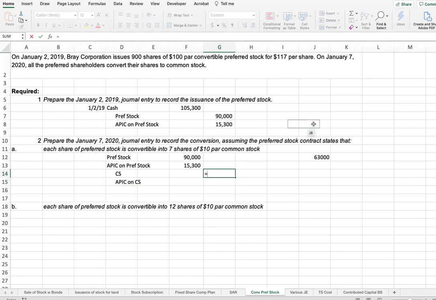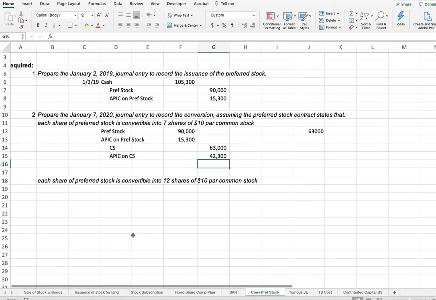And so we already calculated 63,000 for that common stock, and now we can say the 105,300 minus 63,000 gives us 42,300 as our additional paid in capital on common stock.